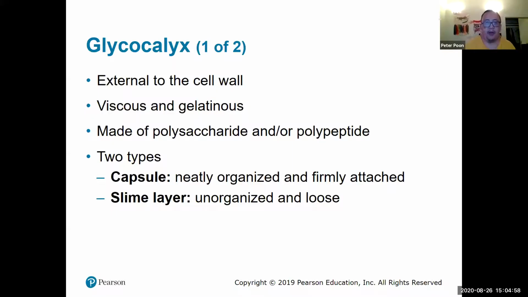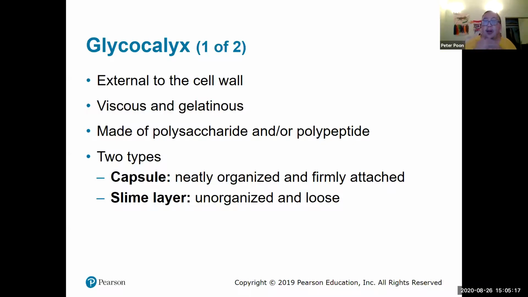Sorry, it sometimes just jumps out of my screen. It's external to the cell wall. It's what the bacteria is floating around in. It's viscous and gelatinous. It's made of polysaccharide or polypeptides, which is why it's glyco, the sugar.